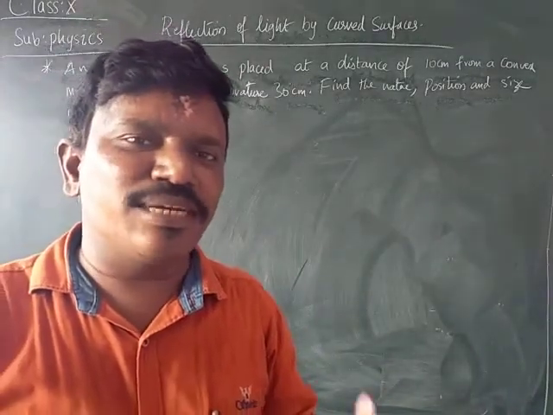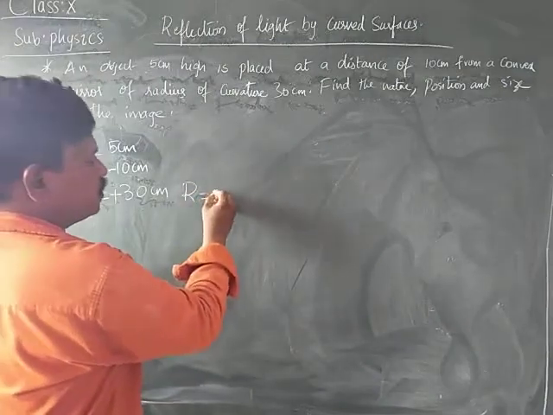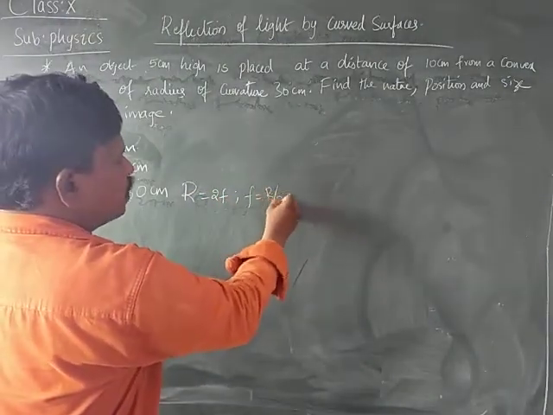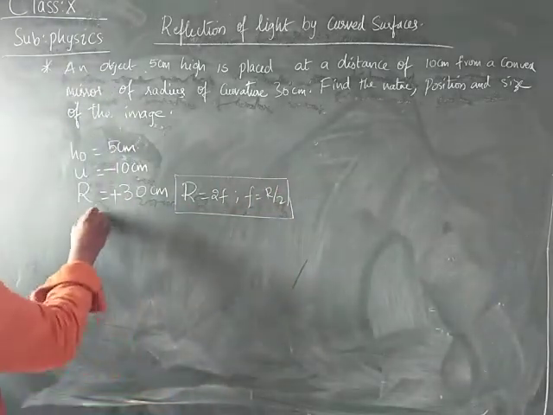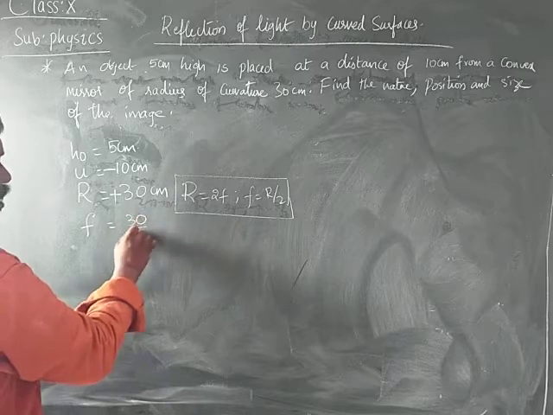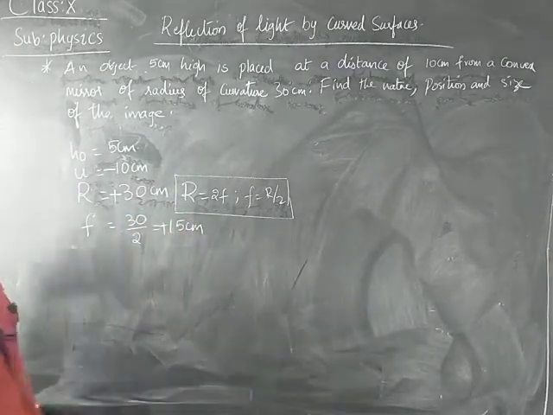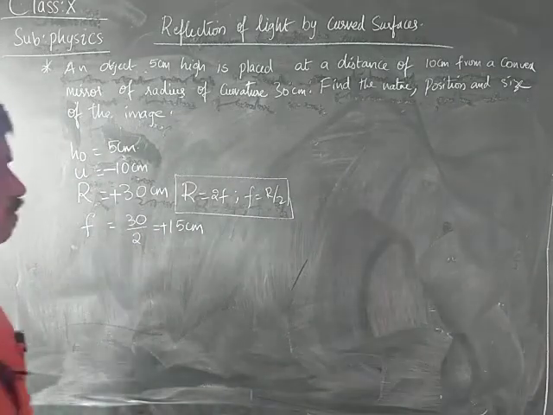There is a relationship between the focal length and radius of curvature: R is equal to 2F, and F is equal to R by 2. Therefore F is equal to 30 by 2, that is 15 centimeter. It is plus 15 centimeter.